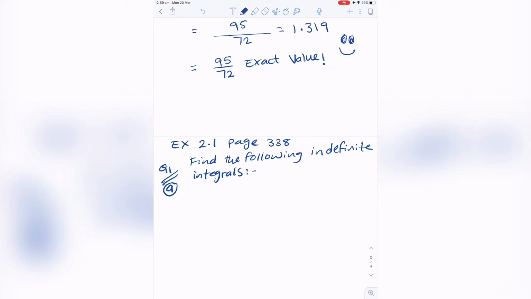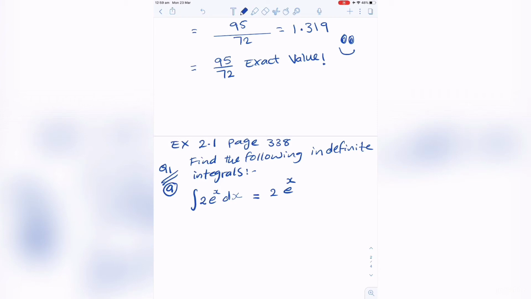Okay, so for A, we have the integration for 2e to the power x dx, and this is straightforward, yeah, so it's 2e to the power x as it is, we write it down as it is, divided by the derivative of x.